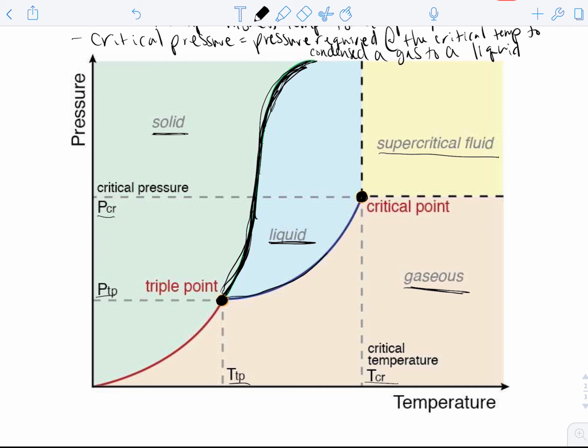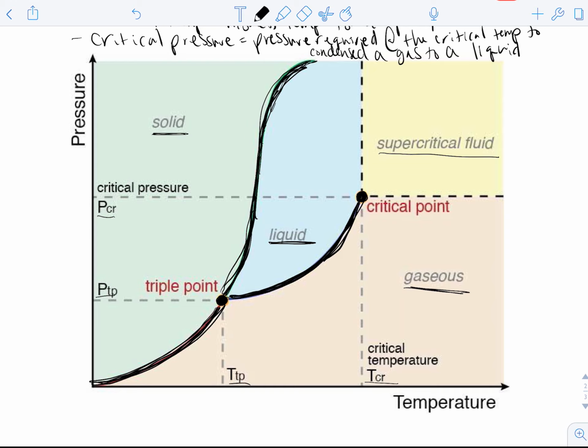This is our vapor pressure line when our liquid and our vapor are in equilibrium, and then this is our solid gas line. So this is when our solid and gas are in equilibrium. So sublimation, deposition, evaporation. Over here we have evaporation and condensation, those type of things.